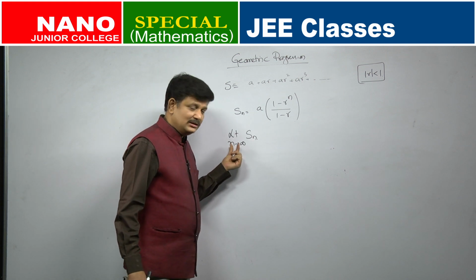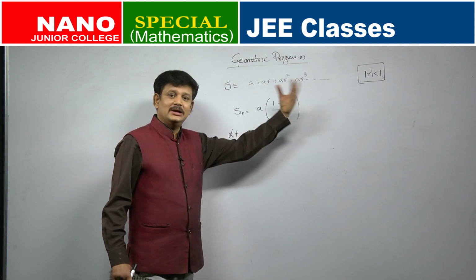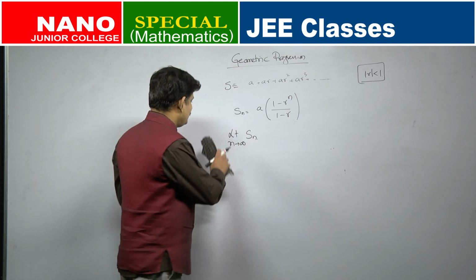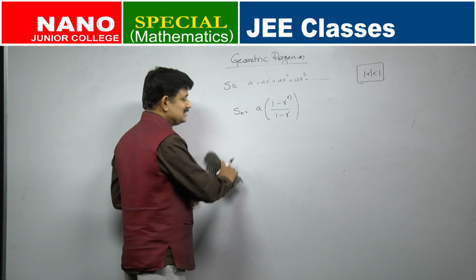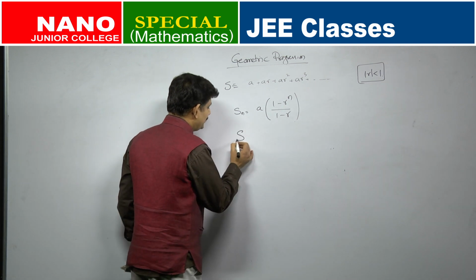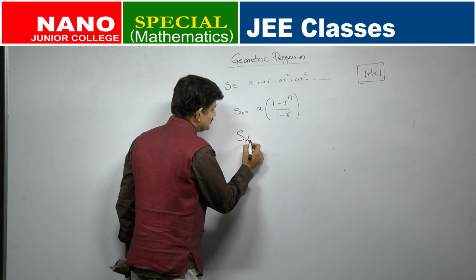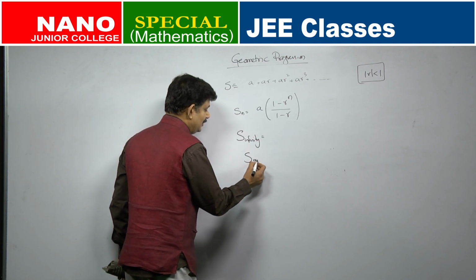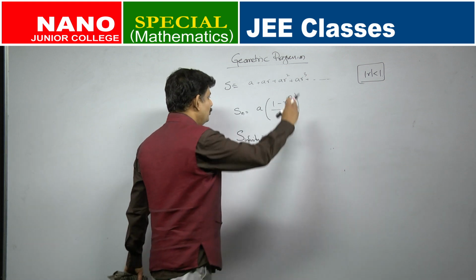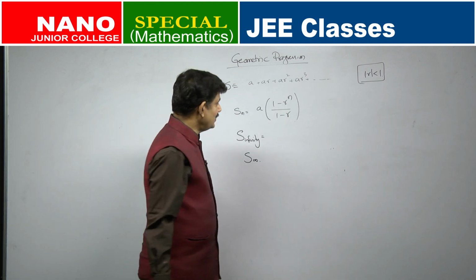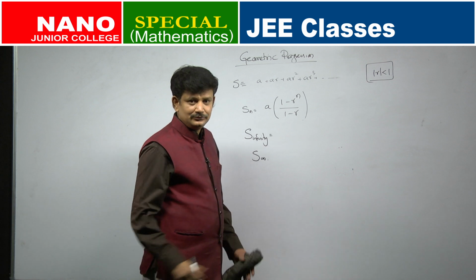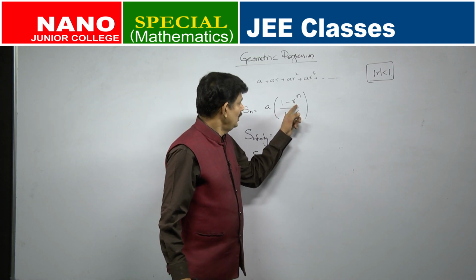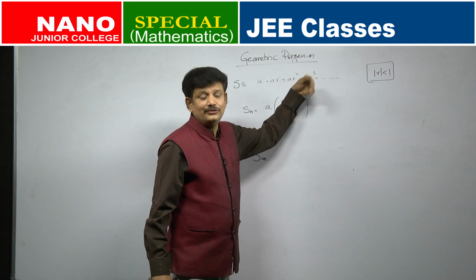This only means as n tends to infinity, what is S n. Because it is only a symbolic notation, you can write it as S infinity, sum to infinite terms, but do not put infinity here. So, as n tends to infinity, because this is a number less than 1, what will happen to that when raised to infinitely large power?